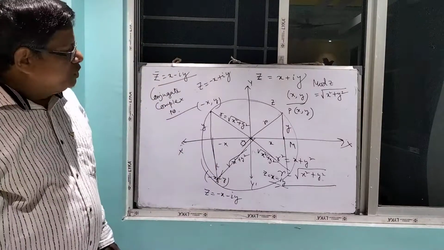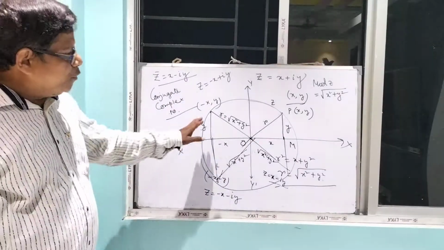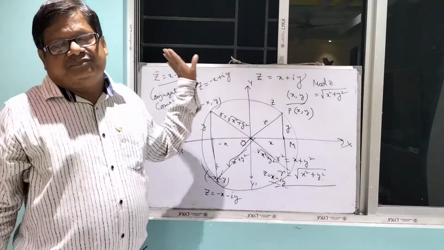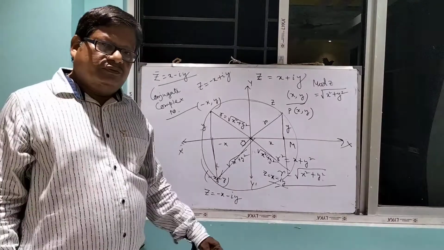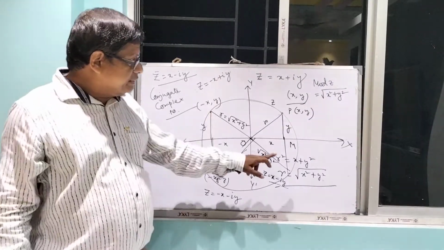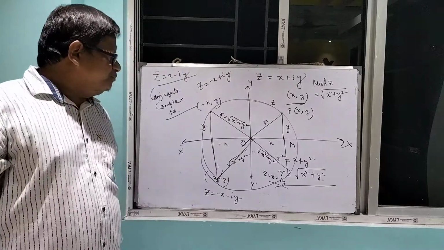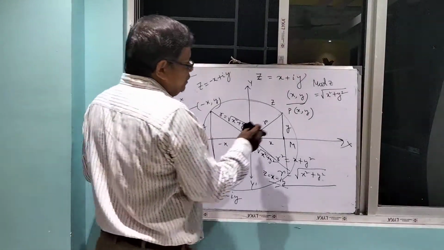So in the complex plane, the point P lies on a circle. Understood? Because the distance is always the same.